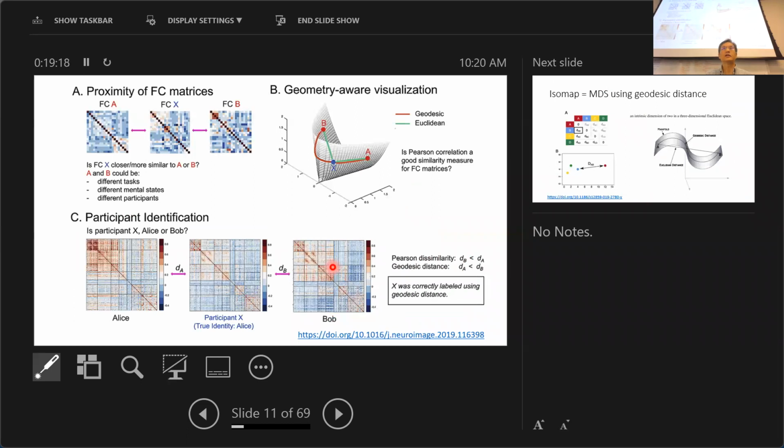So this is a very simple idea. This is one example.